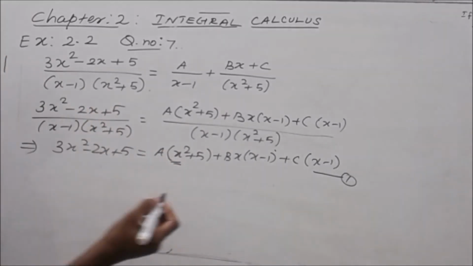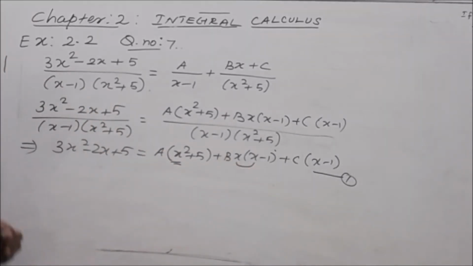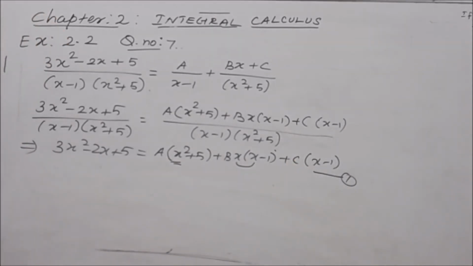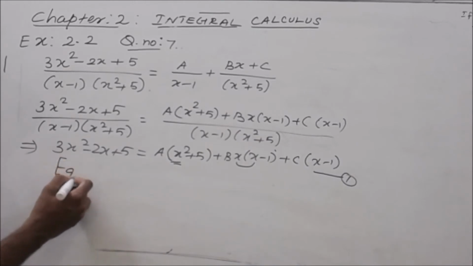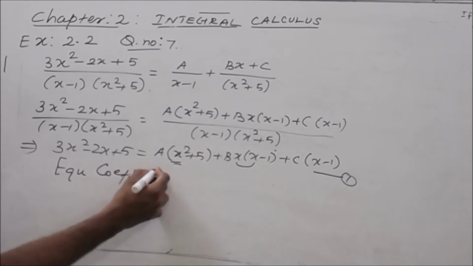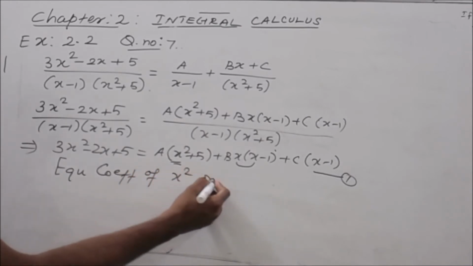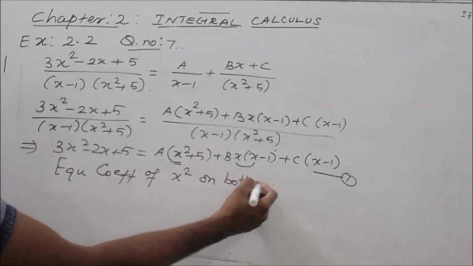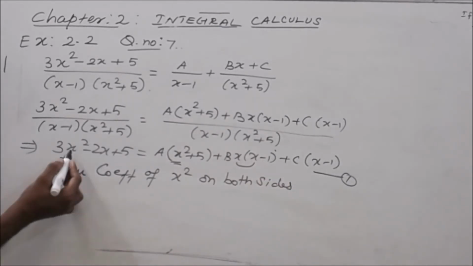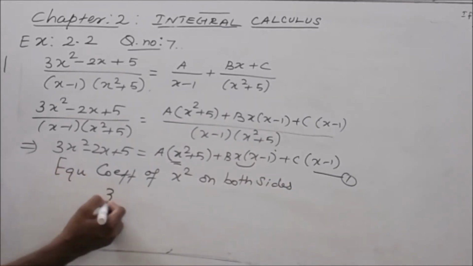Here there is one x² term. When we multiply x inside, we have one more x² term. Here there is no x² term. So equating the coefficient of x² on both sides of equation 1, the coefficient of x² on the left side is 3.